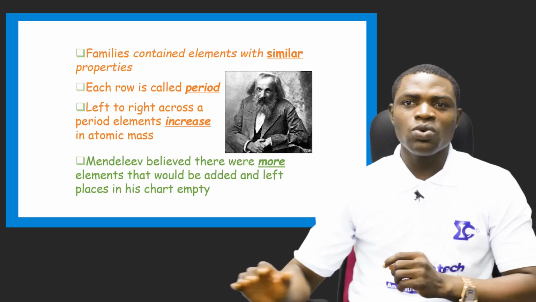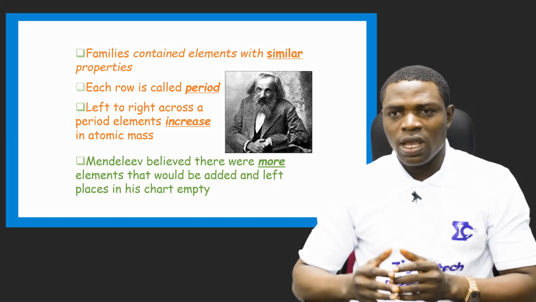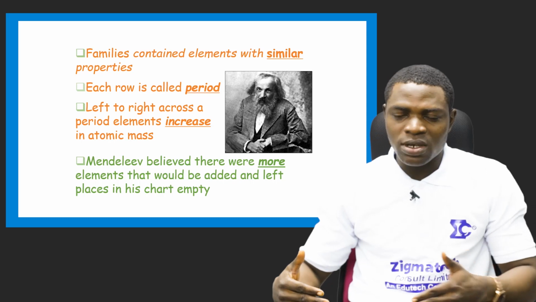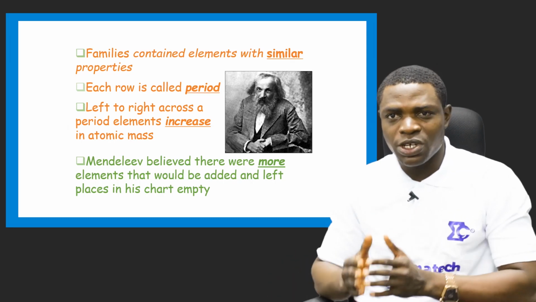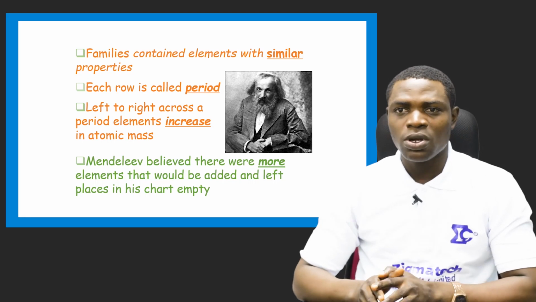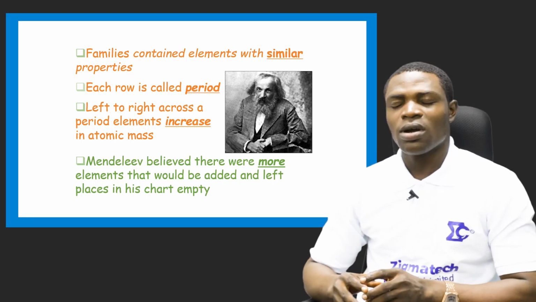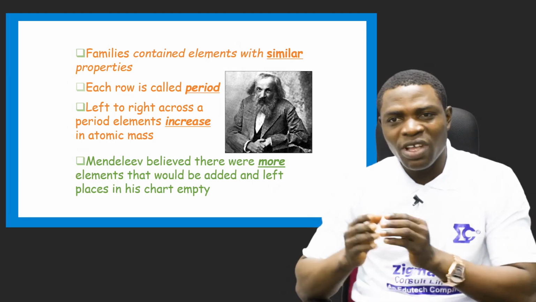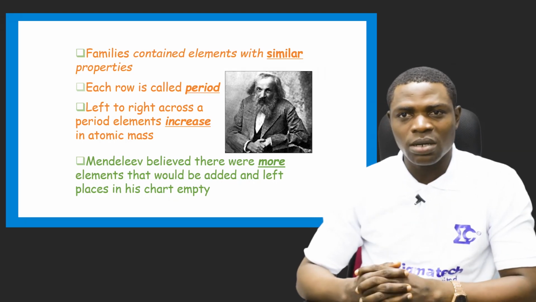Family contains elements with similar properties. We have both rows and groups. The one in the row horizontally, we call it period, while the one vertically, which we call group, actually contains elements that are arranged based on the valence electron in the outermost shell.